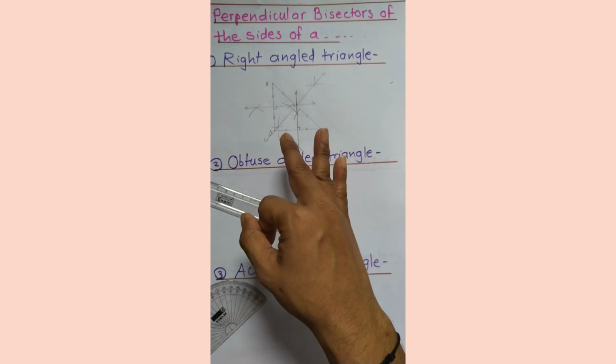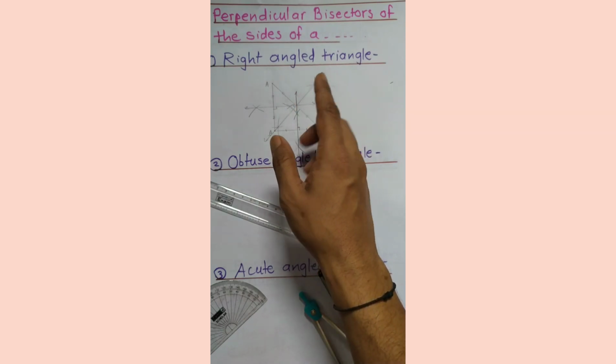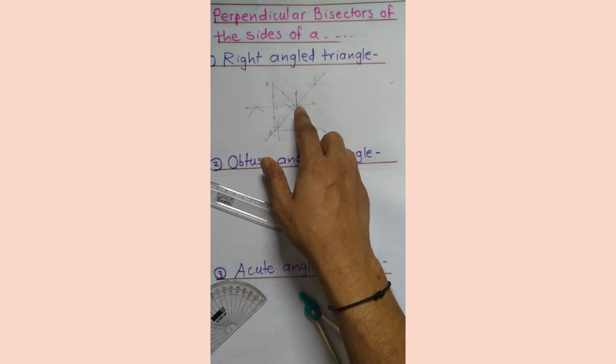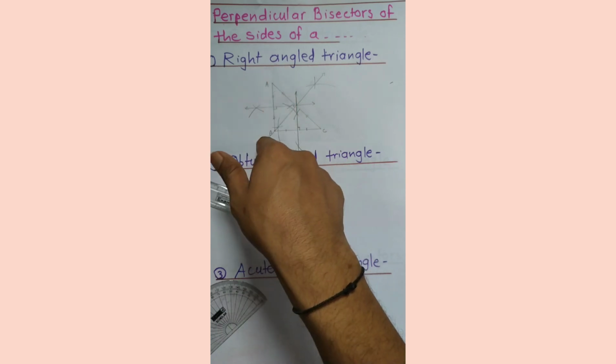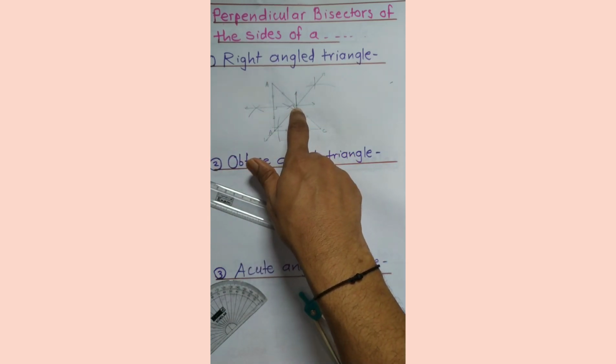That means when three or more lines intersect each other at a single point, they are called concurrent. So all these perpendicular bisectors are concurrent, and in the case of a right angle triangle, the point of concurrence is on the hypotenuse.